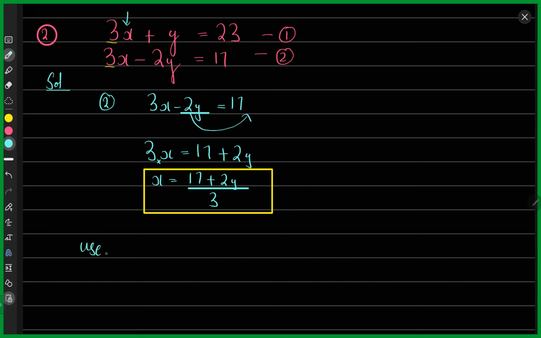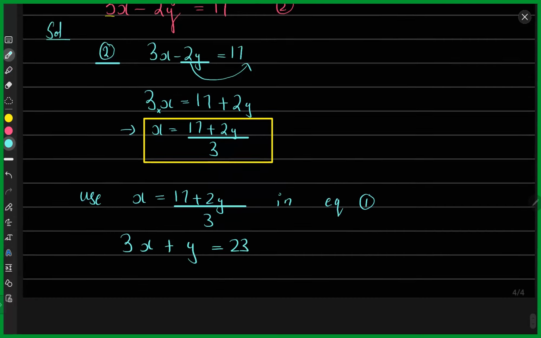Use x equals 17 plus 2y divided by 3 in equation 1. Okay, in the beginning I used equation 2, I made x the subject, and now I'll use equation 1. I'll plug in the value of x and let's see what happens. So equation 1 is 3x plus y equals 23.